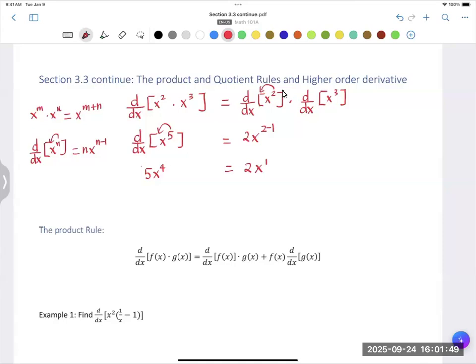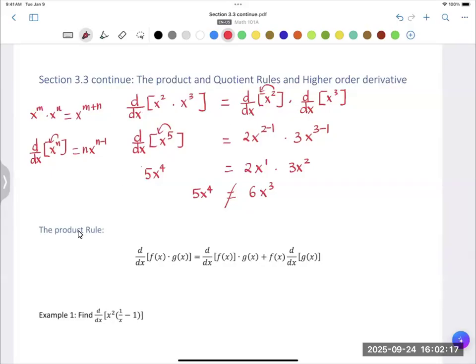And d over dx of x cubed will be 3 times x to the power 3 minus 1, which is 3x to the power 2. Now we multiply them, and we have 6x to the power 3. And that does not equal 5x to the power 4. So the derivative of a product cannot be the product of the derivatives.